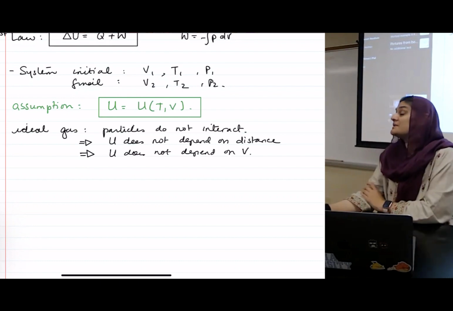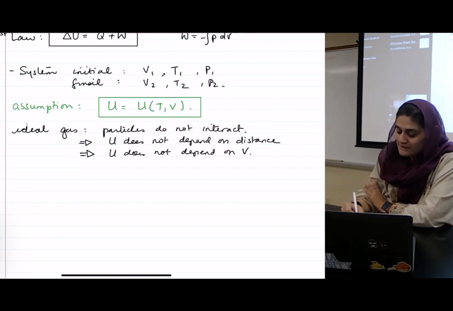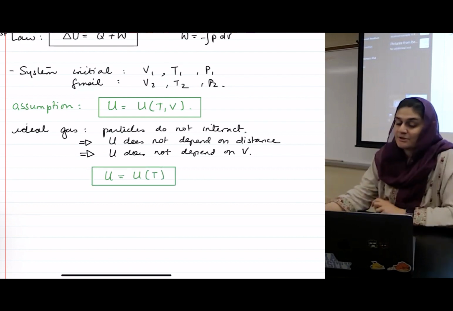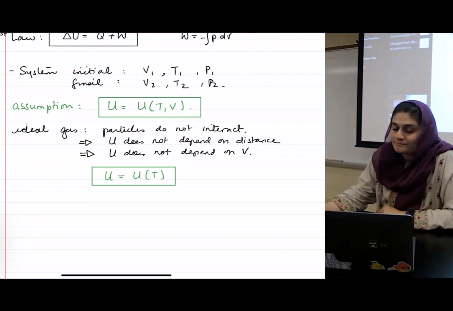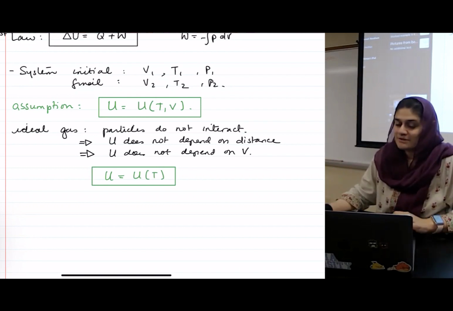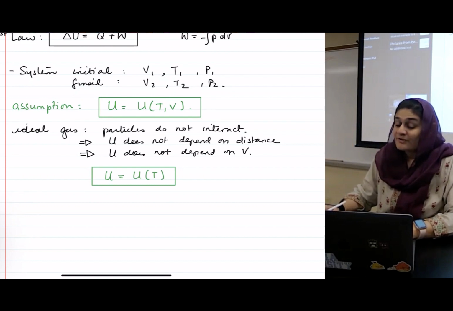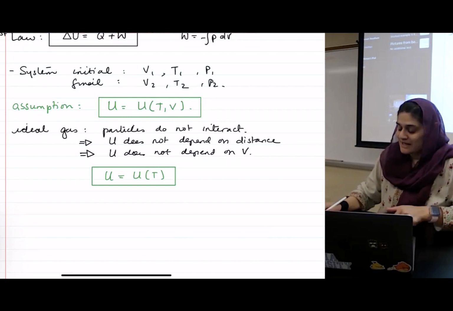Volume becomes independent. So then my equation in green reduces down to U is only a function of temperature. Yay, makes our life easier. So then I can study the different processes I had.